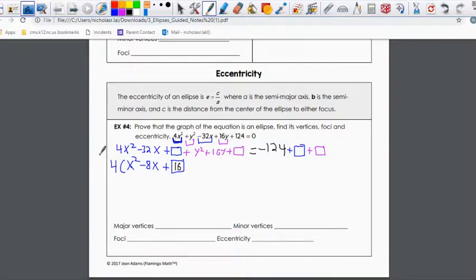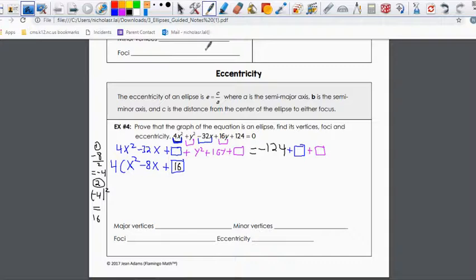All right. I know that negative 8 divided by 2 is equal to negative 4. That's step 1. And step 2 is that negative 4 squared is equal to 16. So that's how I complete the square for 16. Now I do my y term.